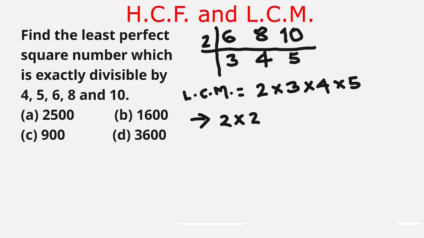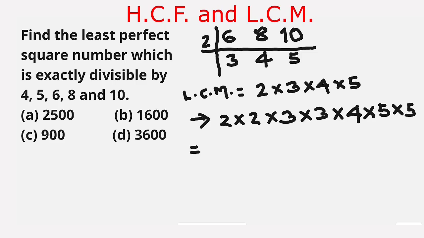Now it becomes a square. Multiplied by 3 multiplied by 3. Now 3 multiplied by 3 is a perfect square. Now 4 is a perfect square, so we do not need to multiply anything to it. Now we multiply 5 by 5 to make it a perfect square. Now two 5s and two 2s make 100.